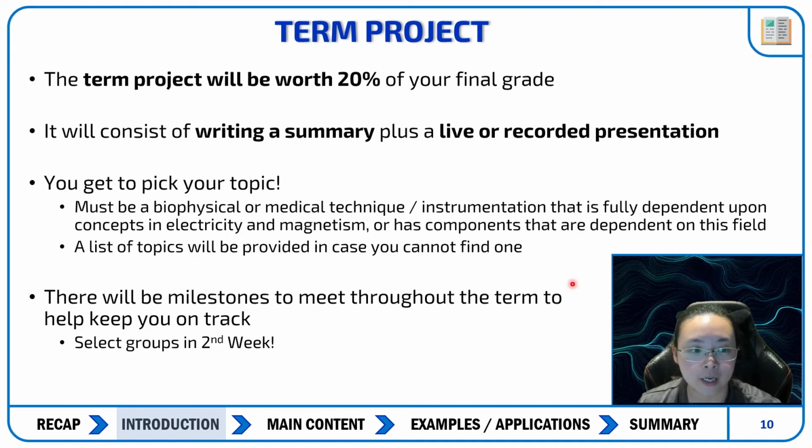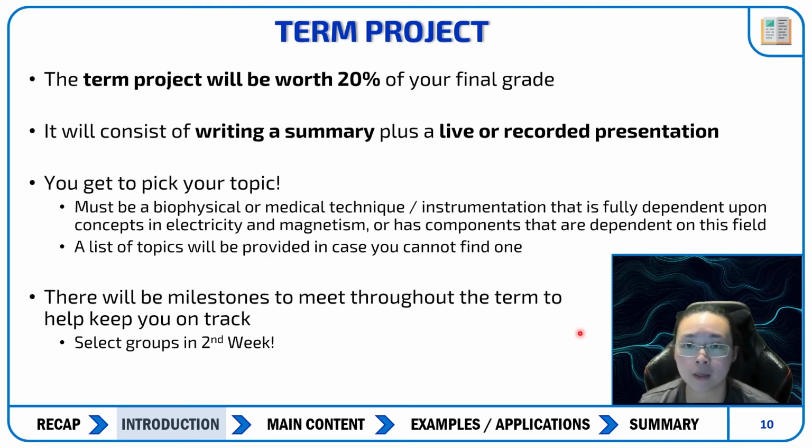Now, the term project. This term project is worth 20% of your final grade. It's going to consist of you writing a summary plus a live or recorded presentation of a topic of your choice. That topic is essentially a biomedical, biophysical, or medical application that has its roots in electricity and magnetism, or one component of that instrumentation or method has a foundation in E&M.